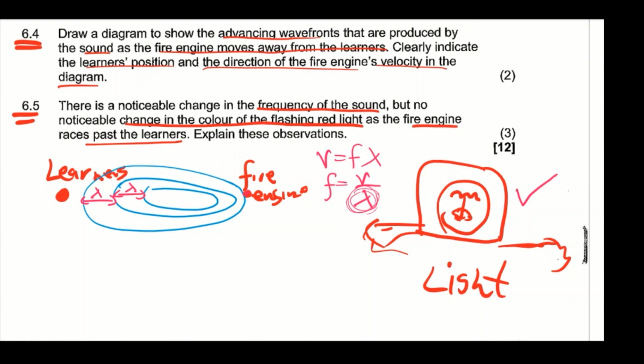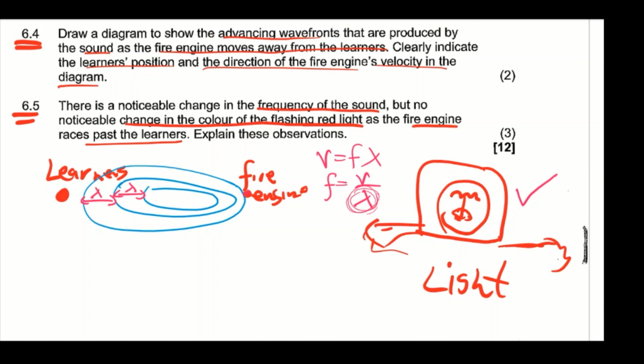There's definitely no change. If you think of an ambulance or a police car, and you see that light that is flashing, it's so fast that you can't necessarily see change. You can't see it lighting and turning off, on, off. It's really difficult for you to notice that.